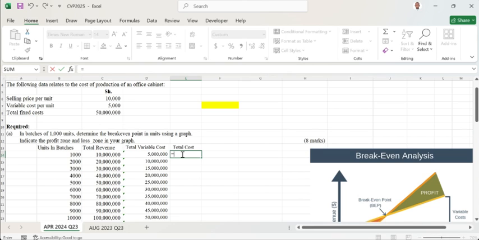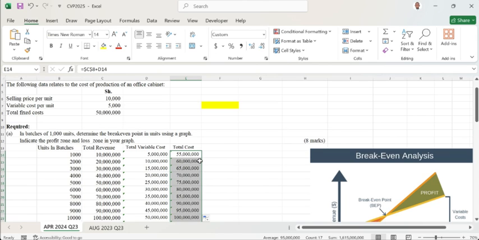Now can you get for me the first one? We have found the variable cost, it would be 50 million. Should I lock it? Yes. Plus 5 million. Okay, like that. Then it remains to be the same.